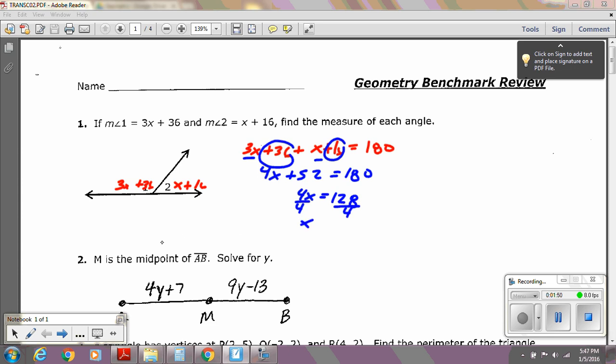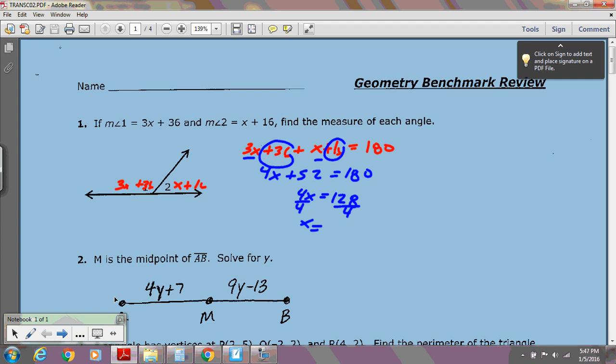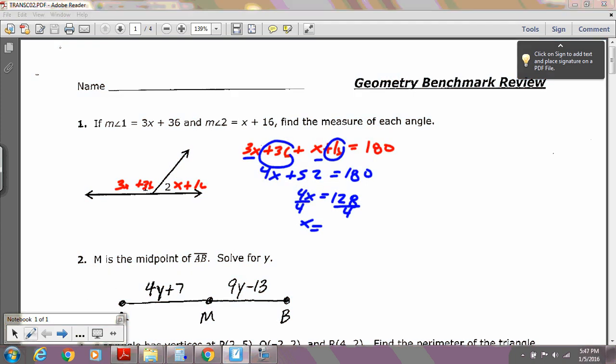So x is equal to 128 divided by 4, which is 32. So x is equal to 32.